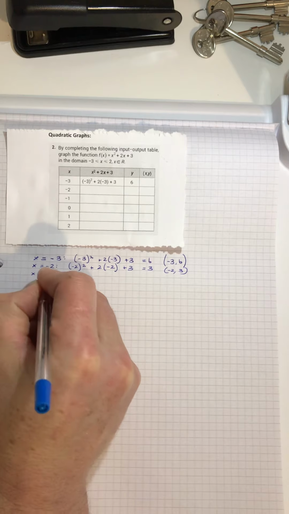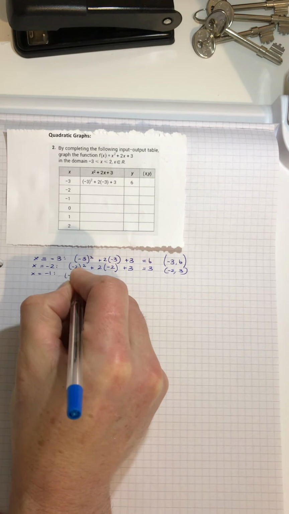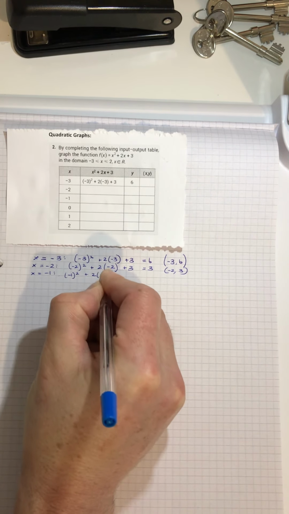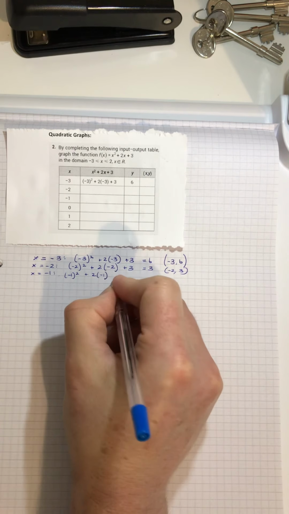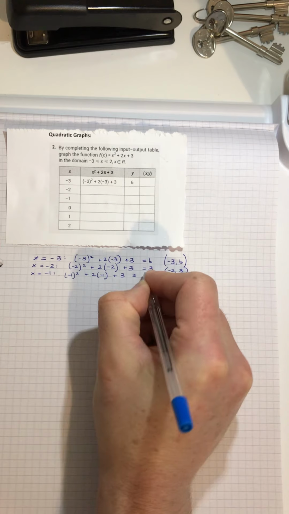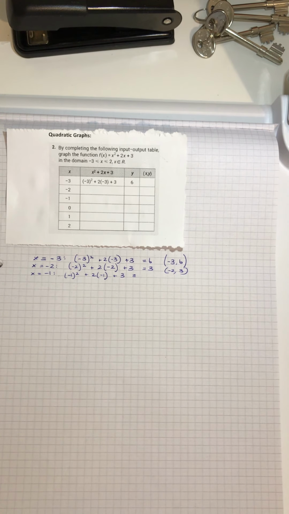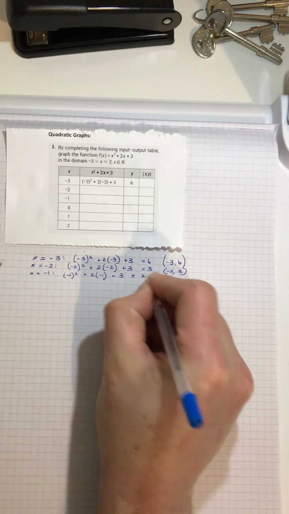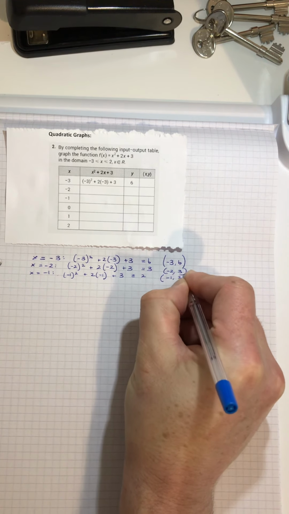When x is minus 1, minus 1 squared plus 2 times minus 1, because that's the function, 2 times x, plus 3 is equal to, so again on your calculator, is equal to 2. So minus 1, 2.